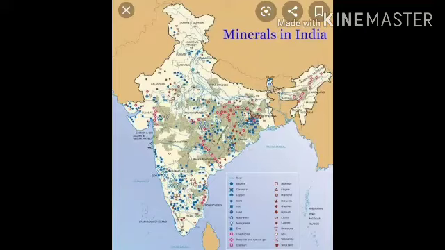The minerals in which a metal other than iron is contained are called non-ferrous.